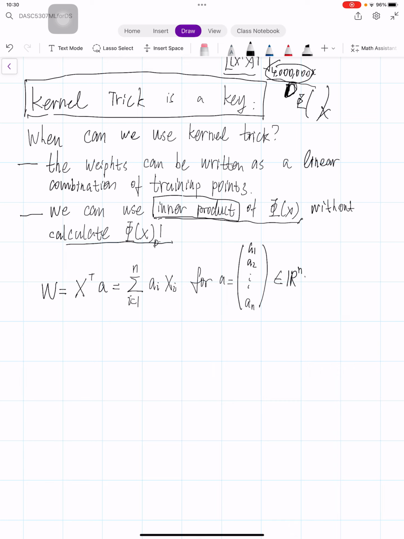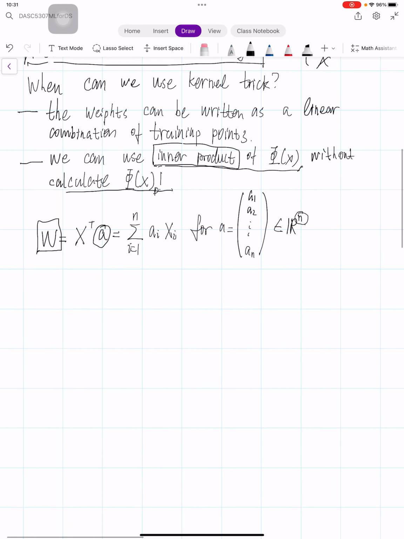And instead of solving for the d-dimensional weight matrix, we solve for this A vector. A only has size n. So we try to solve for A in R^n instead of W in R^d.